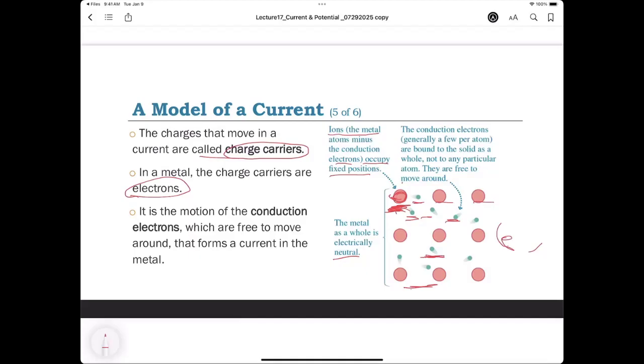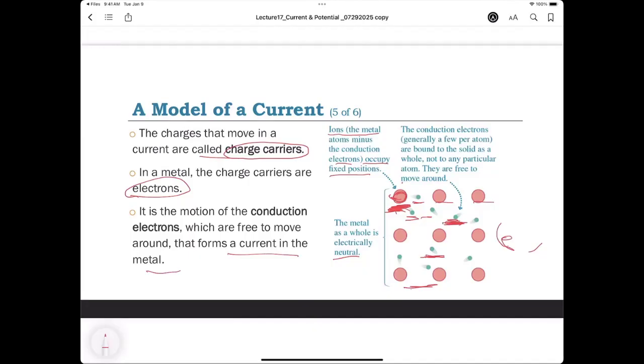Only the positive charges occupy fixed positions, but the negative charges, the electrons, are free to move. This is the motion of the conductor electrons, which are free to move around. That forms the current in the metal.